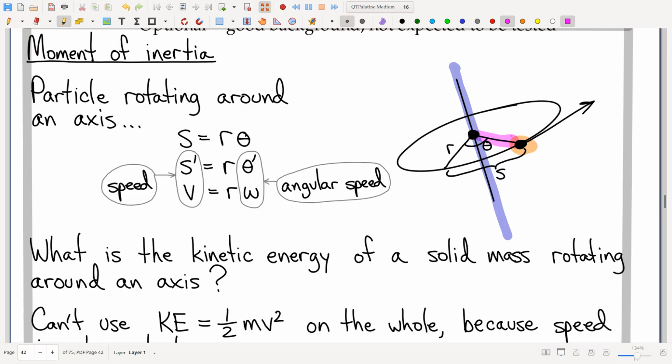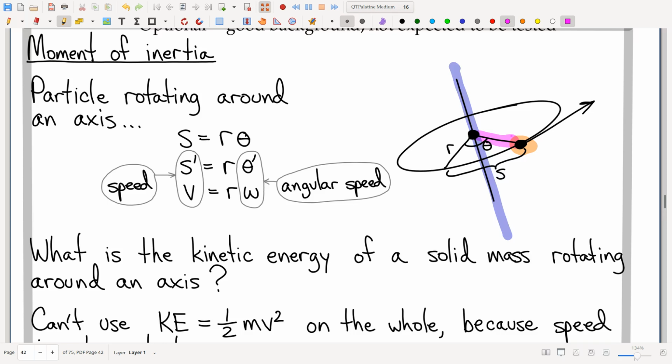And awkwardly, though, it's not the same R that we've talked about previously. It's not the cylindrical coordinates or polar coordinates R. And just to emphasize this, you notice I deliberately made this axis tilted. This is not necessarily the z-axis. It's usually not the z-axis, right?